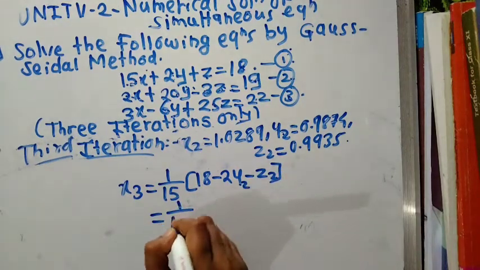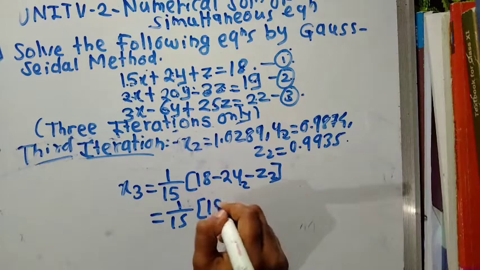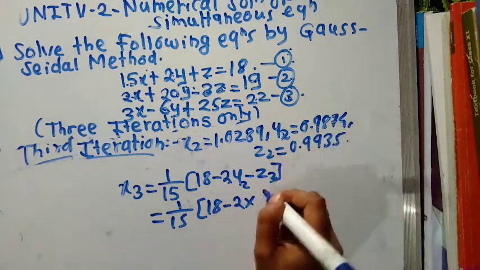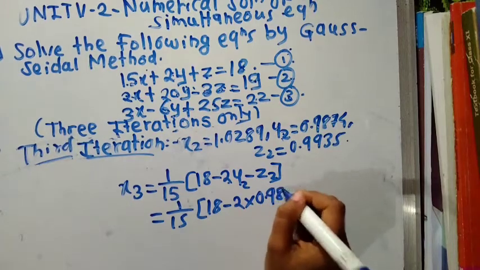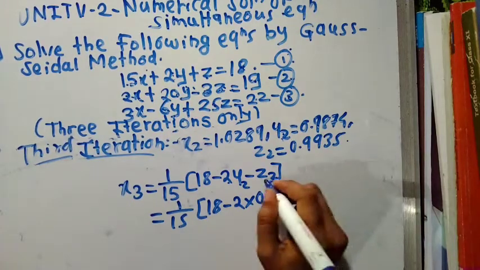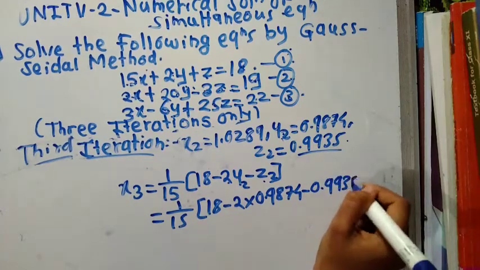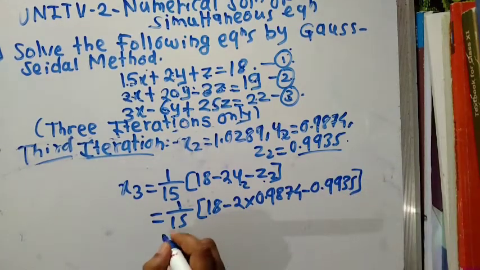So 1 divided by 15 times (18 minus 2 into 0.9874 minus 0.9935).